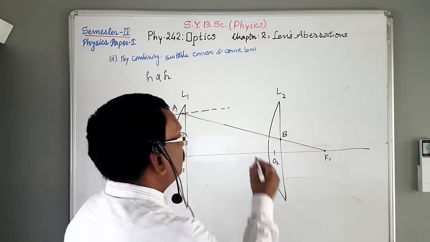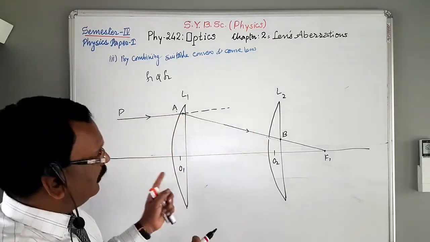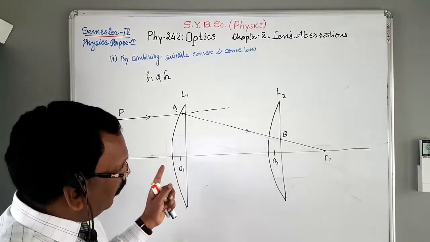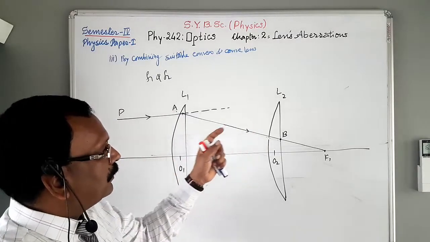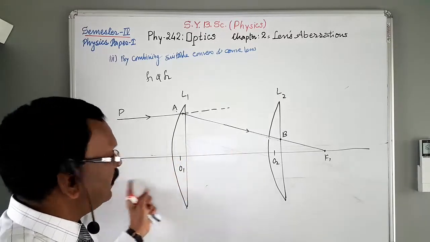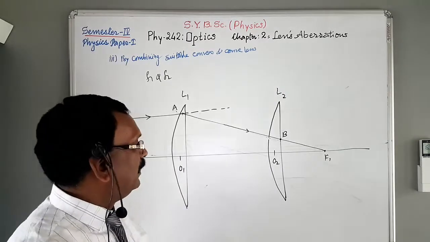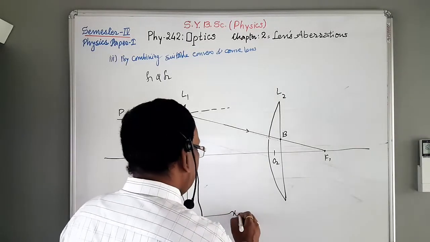But see, these are the two plano-convex lenses. They are kept in such a way that the curved surfaces of both plano-convex lenses are facing the incident radiation, and these two lenses are separated by a finite distance x.